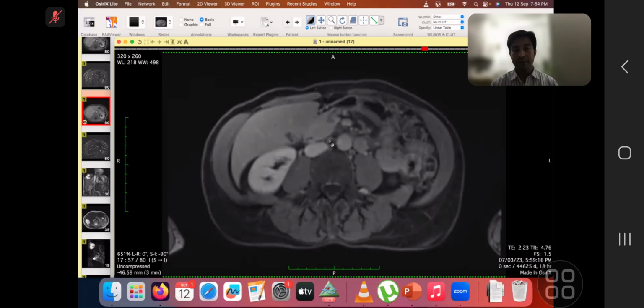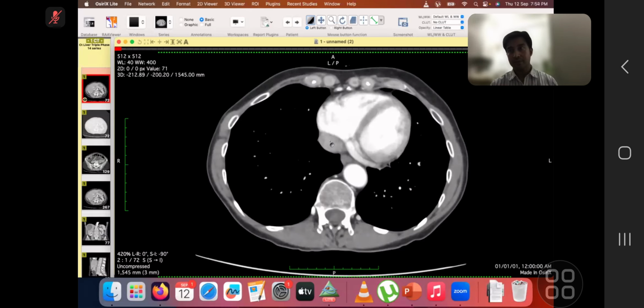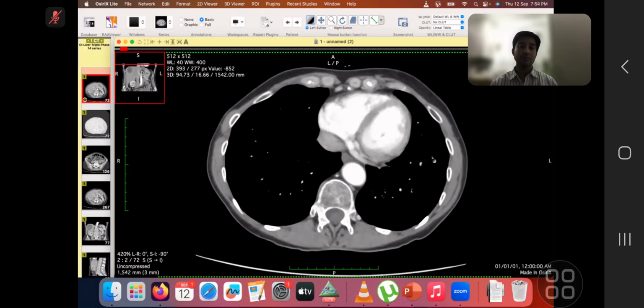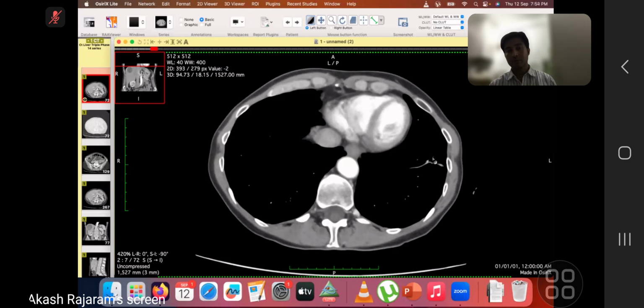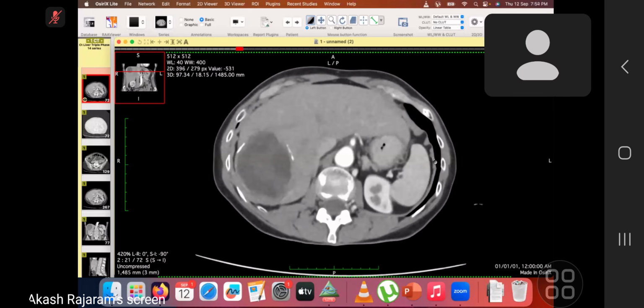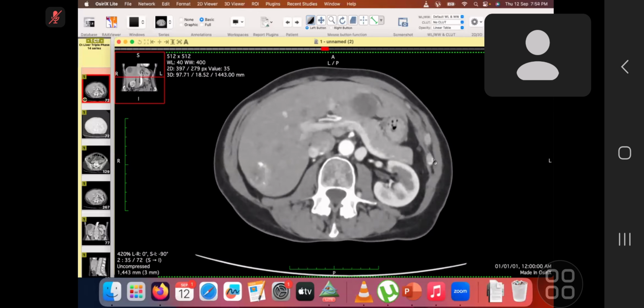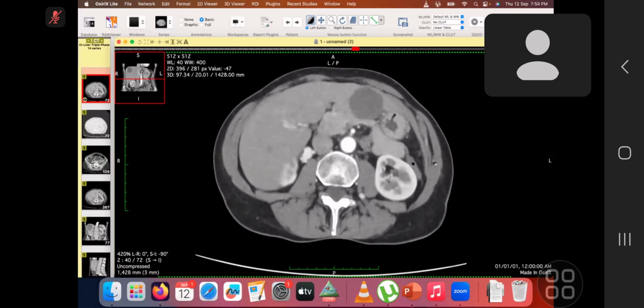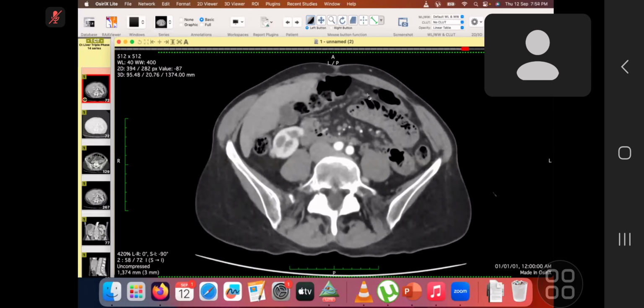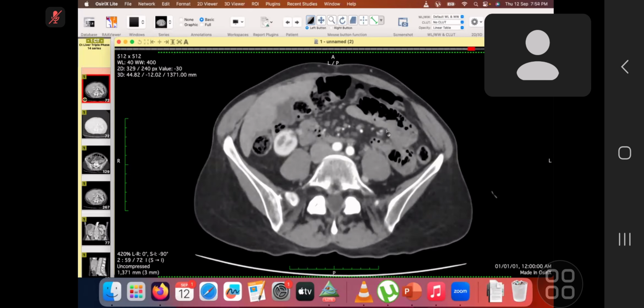Yeah, go ahead. This has a calcified wall around the lesion, so this confirms my findings that this is more likely a hydatid cyst with a similar lesion in the left lobe.